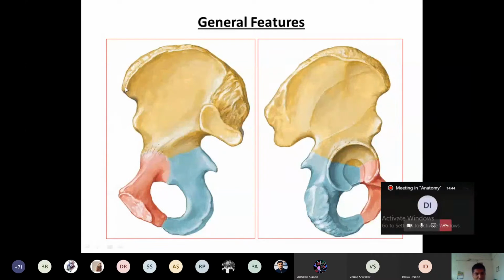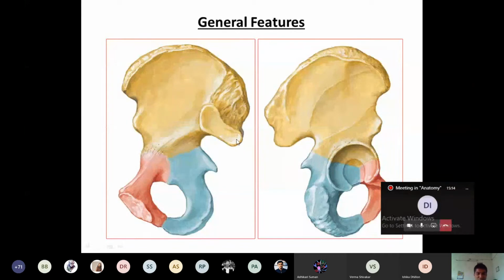And then, below the anterior superior iliac spine, if you trace the anterior border, you can reach the anterior inferior iliac spine. This one is the anterior inferior iliac spine. Similarly, if you go posteriorly, this one is the posterior superior iliac spine. If you trace it, you will reach the posterior inferior iliac spine.